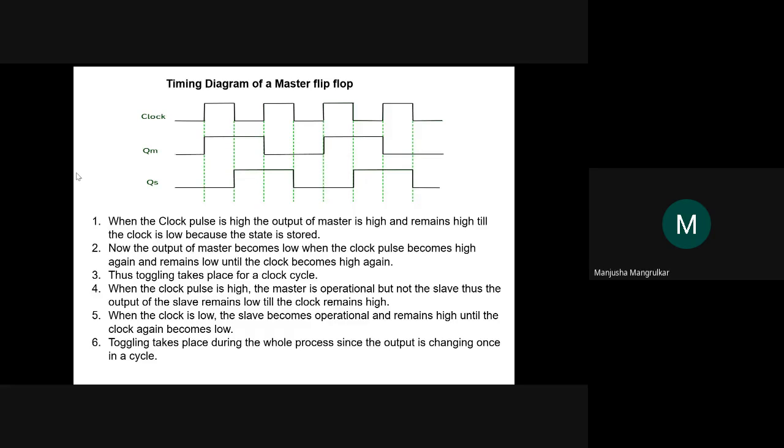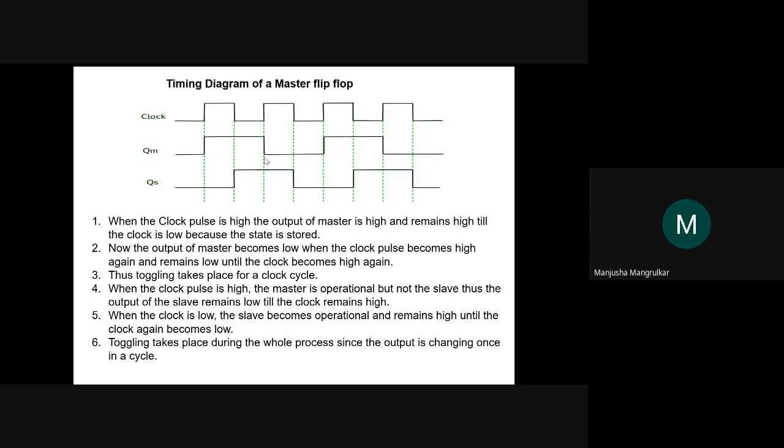Now see, when the clock pulse is high, the output of the master is high and remains high until the clock is low, because the state is stored. Now the output of the master becomes low when the clock pulse becomes high again and remains so until the clock becomes high again.